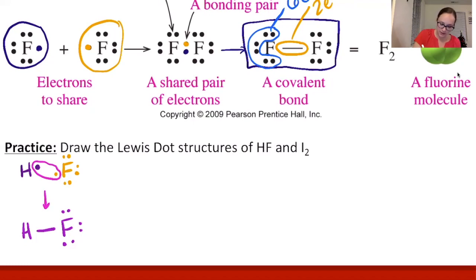Okay, so now let's try I2. So we're going to draw 2 atoms of iodine with each of their number of valence electrons. This time, because I know where the bond's going to go, I'm going to draw my single electron closer to the atom that I'm going to bind it to. So we have 1 here, and then let's draw a second one.